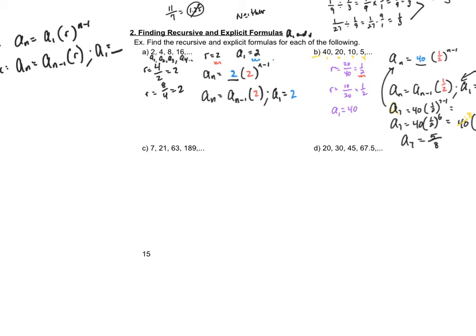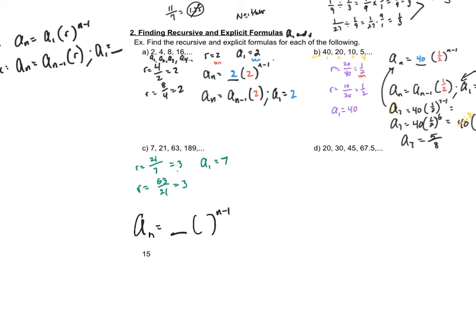So keep moving on. We have r is equal to 21 divided by 7, which is 3. Or r is equal to 63 divided by 21, which is 3. So yes, we do have a common ratio of 3. And I have a1 is equal to 7. So using my formula, my explicit formula is going to be an is equal to a1 times my ratio raised to the n minus 1.